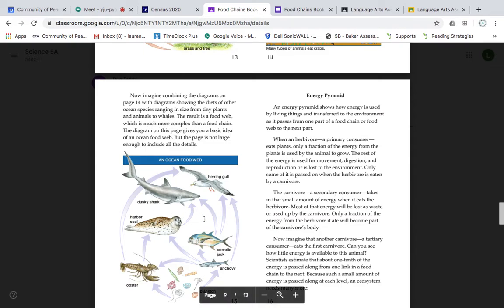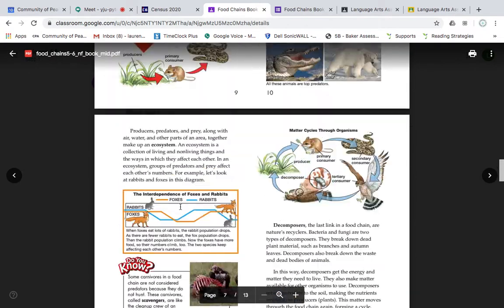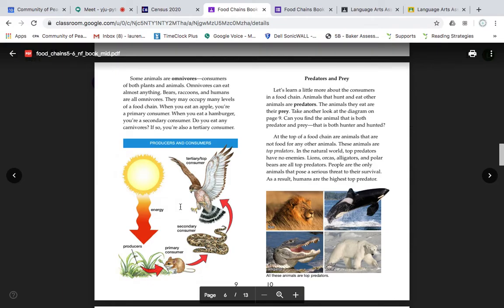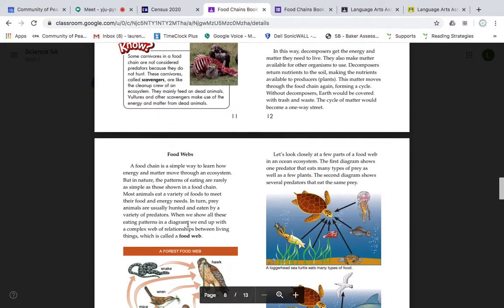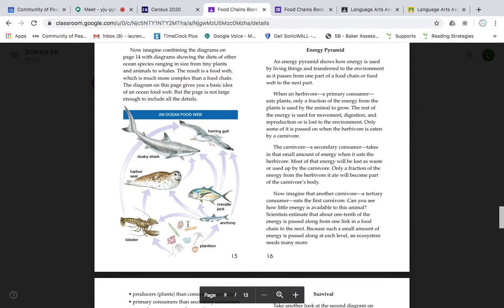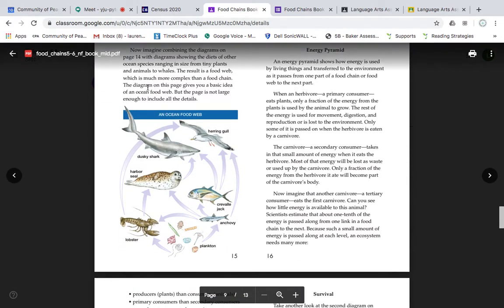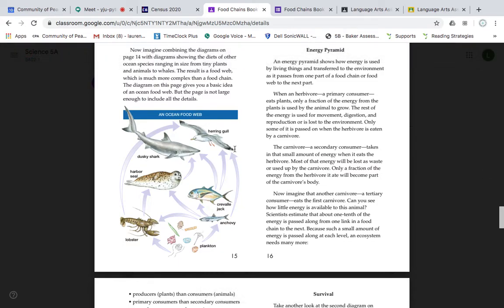So this is a food web down here. There's a lot more lines and a lot more arrows. And your food chain would look more like this. The diagram on this page gives you a basic idea of an ocean food web, but the page is not large enough to include all the details.